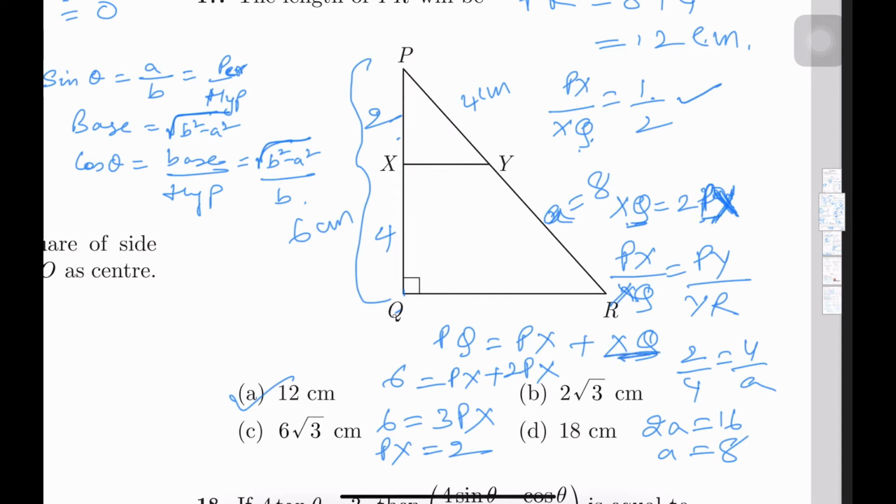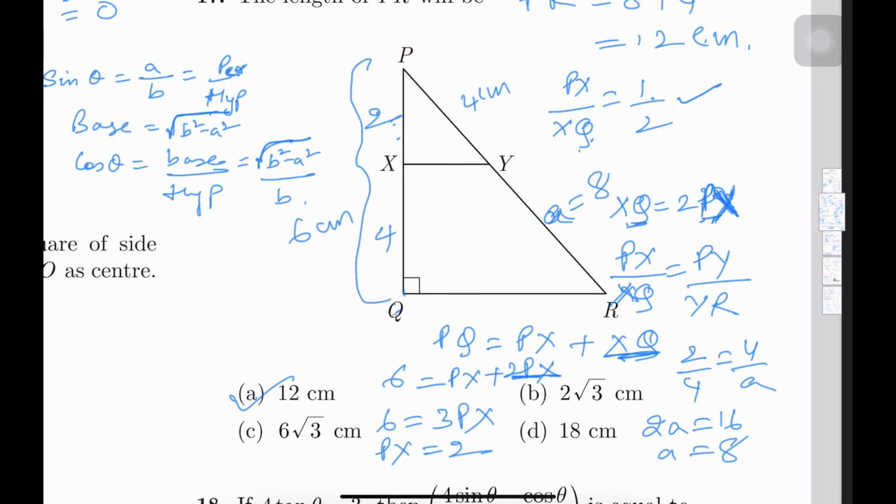So in the place of XQ I am writing 2PX. Therefore 6 is equal to 3PX, so PX is equal to 2. Since PQ is 6, if this is 2, therefore XQ will be equal to 4.